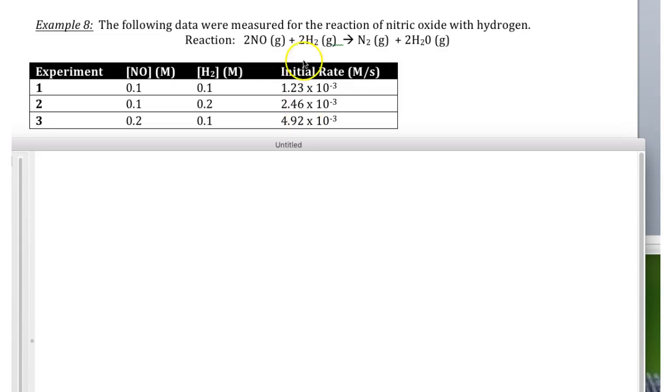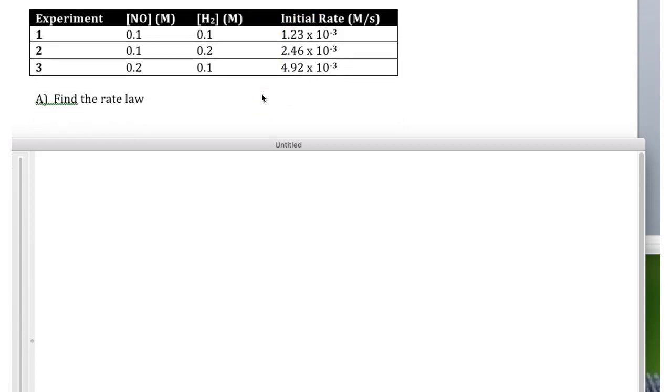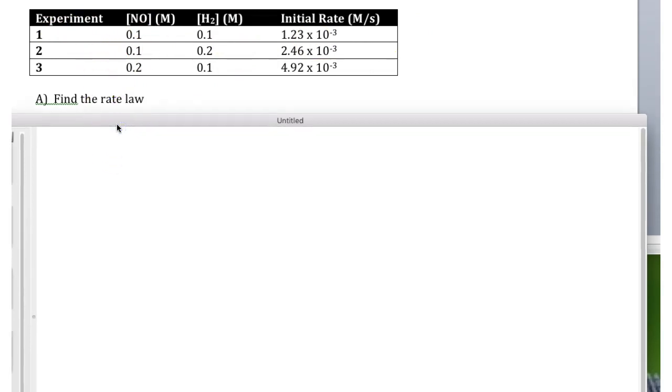Okay. So let's look at this reaction. It says that 2 moles of NO react with 2 moles of H2, and it makes this and this. Again, if we're talking about rate laws, we're only interested in the reactants. So the only way we could find the rate law is through experimental data. And again, you guys know the setup. Rate is equal to some constant K times the reactant NO to the M power.